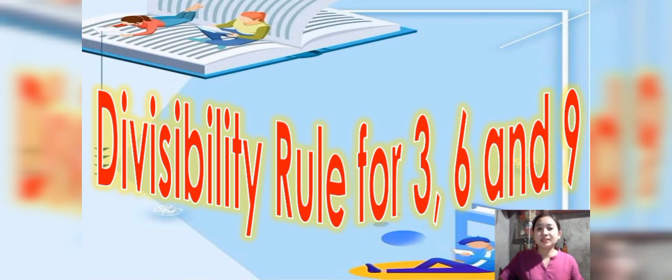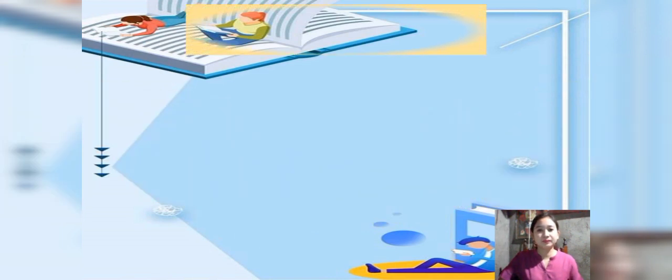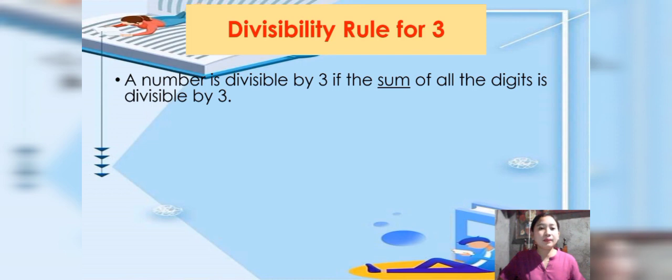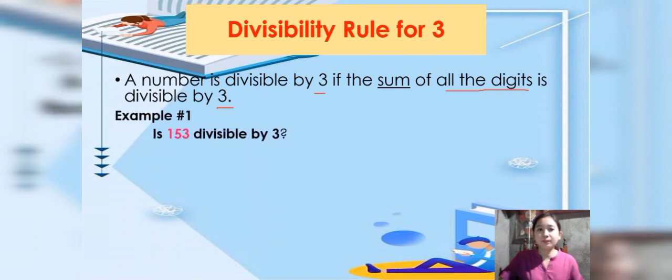Let us now discuss divisibility rule for 3, 6, and 9. Divisibility rule for 3. A number is divisible by 3 if the sum of all the digits is divisible by 3. For example, is 153 divisible by 3?